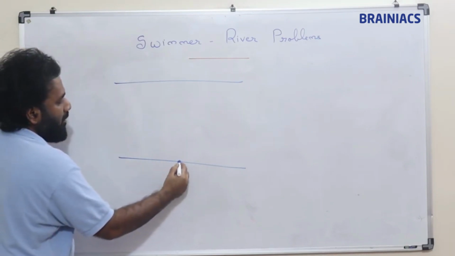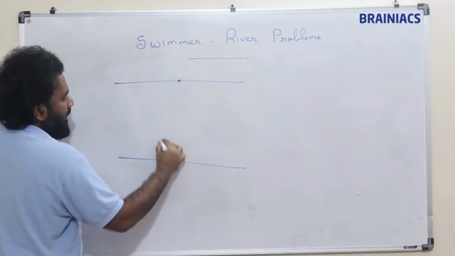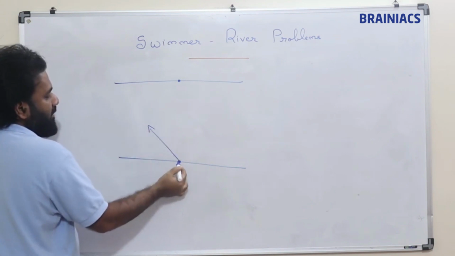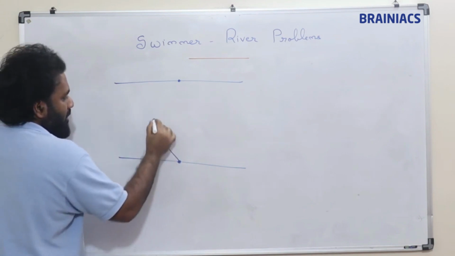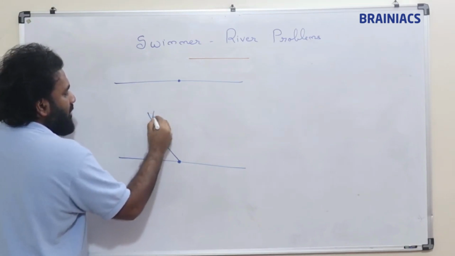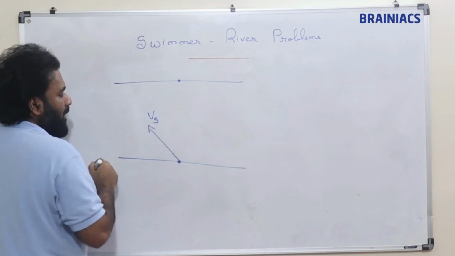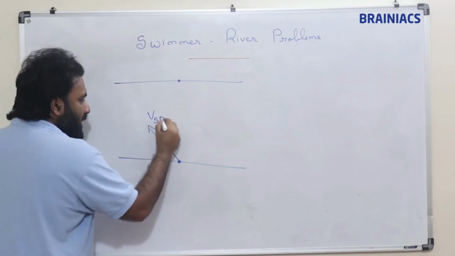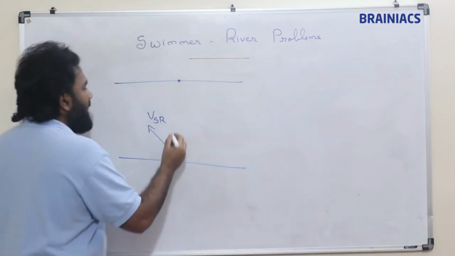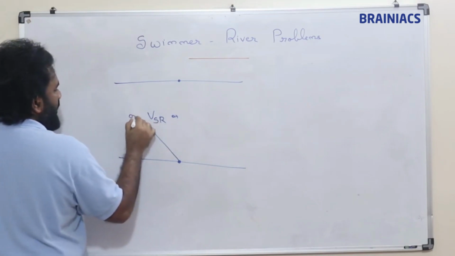If a person wants to move to the opposite direction, but he jumped and started swimming in this direction. So this is the velocity of this swimmer. Velocity of the swimmer with respect to river, we can say.